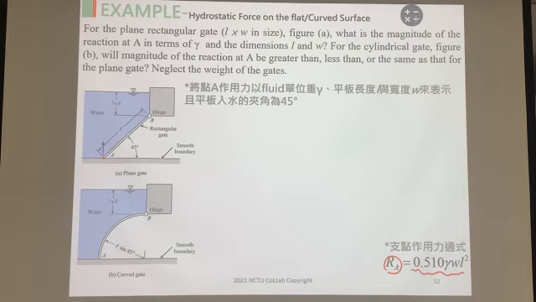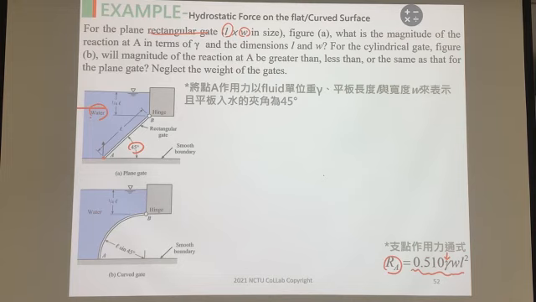The reaction force is related to gamma. If you change to a different fluid, the force will change. The second is related to W, the width of the right angle gate, and L is the length of the right angle gate.